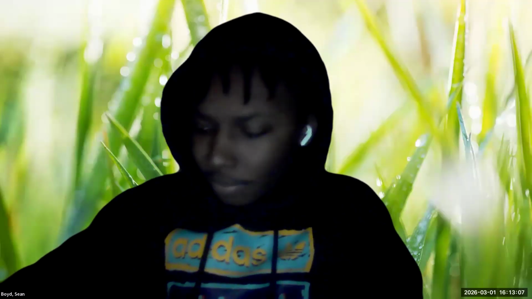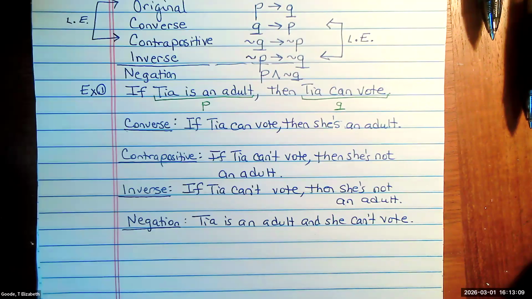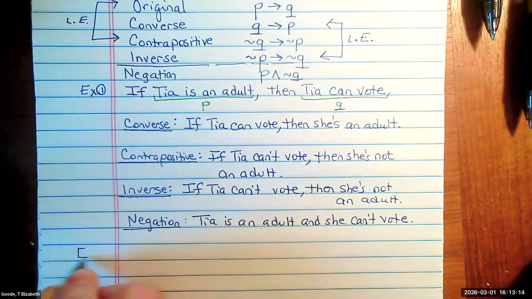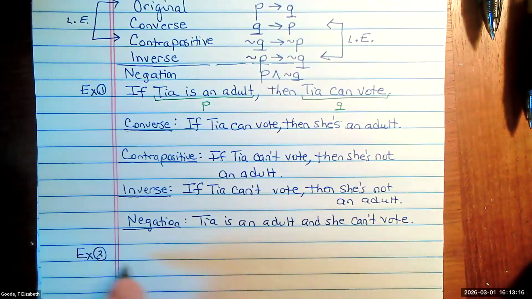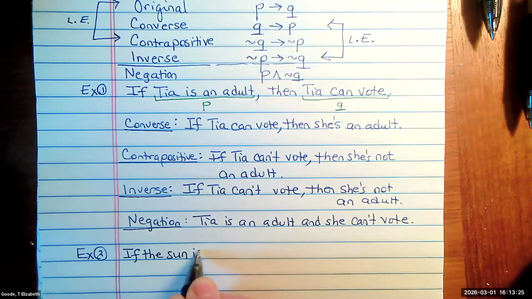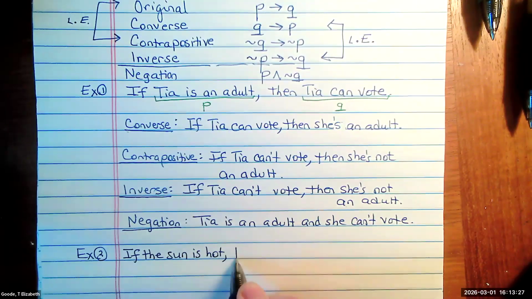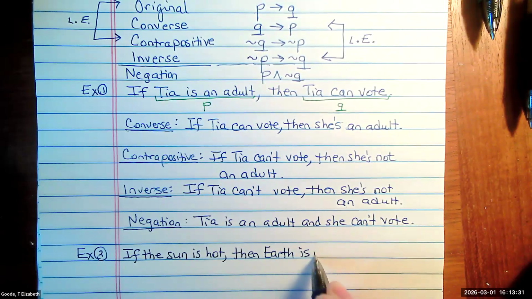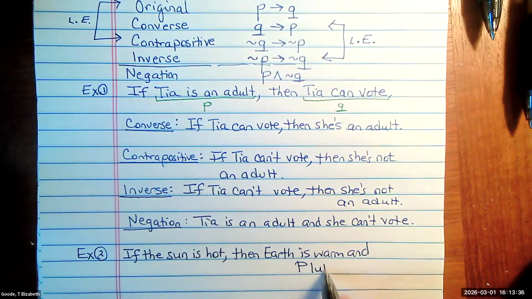So let's play the game with an example that has a compound conclusion. If the sun is hot, then Earth is warm and Pluto is cold.